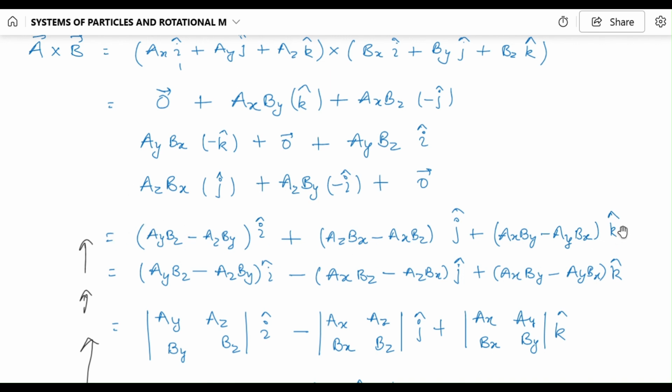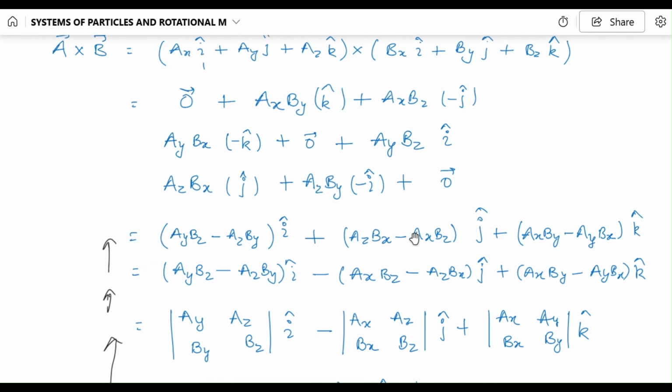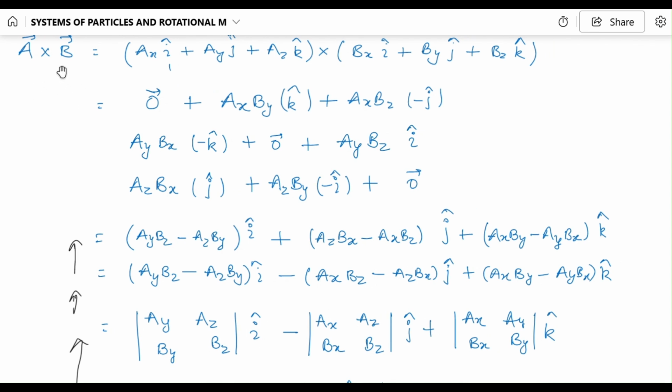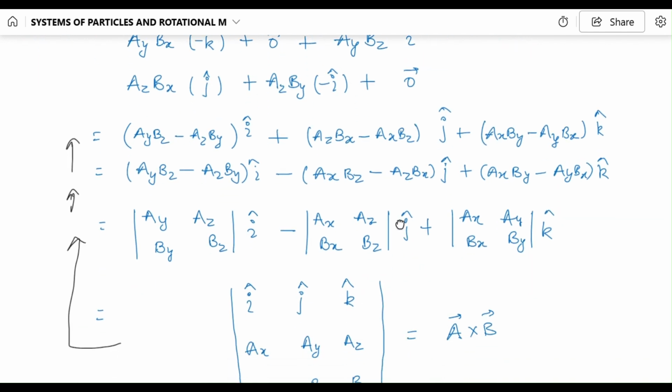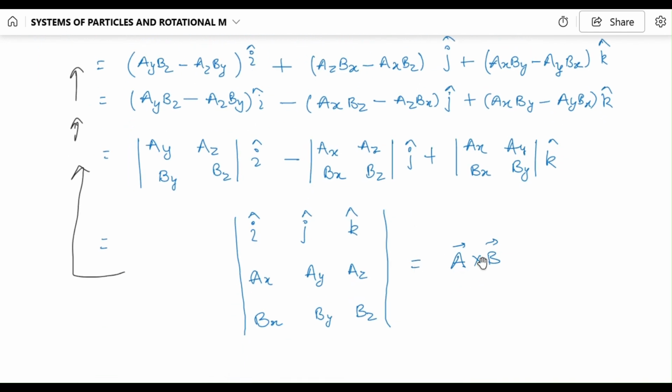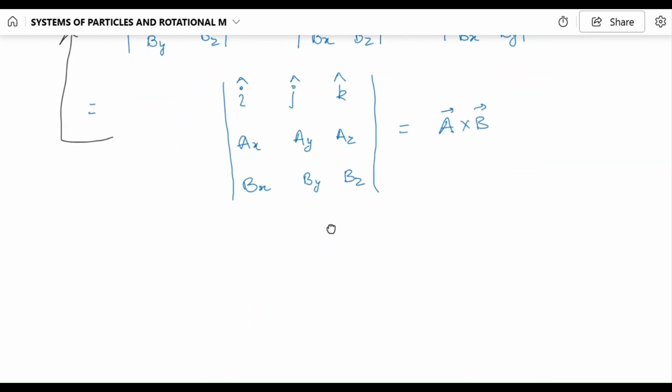At least you can reach up to here, and this is what we were obtaining from A cross B already. So if you are not comfortable moving in this way, you can check whether this A cross B is coming equal to the determinant form. So this is all the lecture part for this concept.